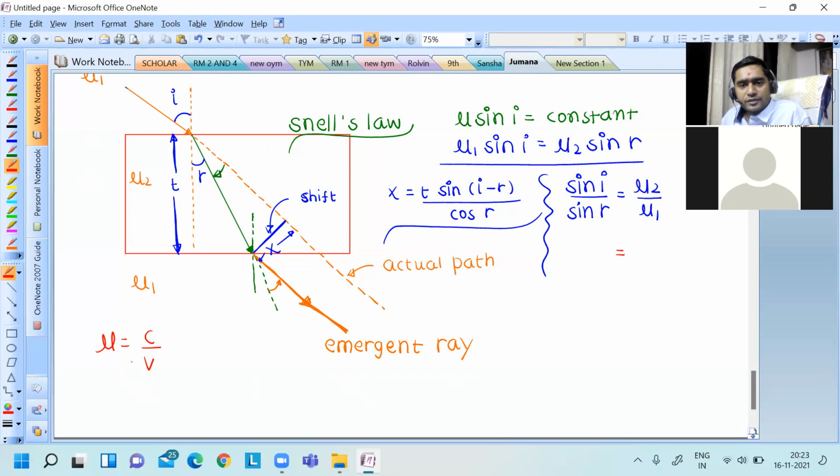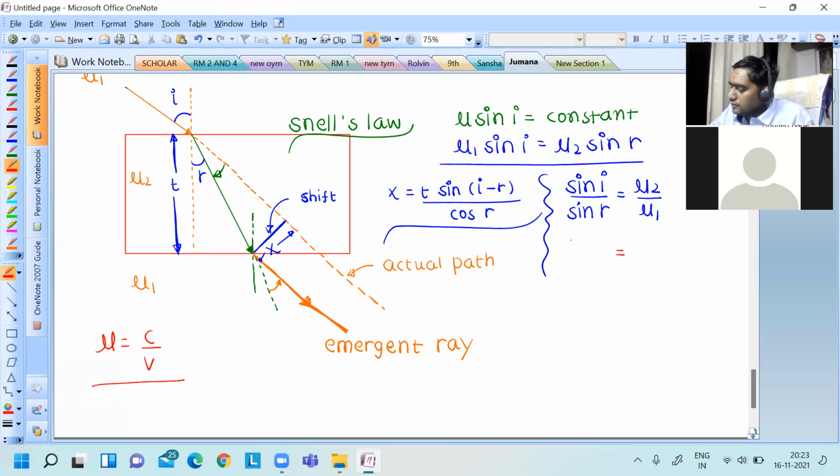If you have a refraction, you can use Snell's law. If you take mu1, then your angle must be in your rarer medium, the mu1 medium. And if you take mu2, then your angle must be in that mu2 medium. Now we know that mu equals c over v.